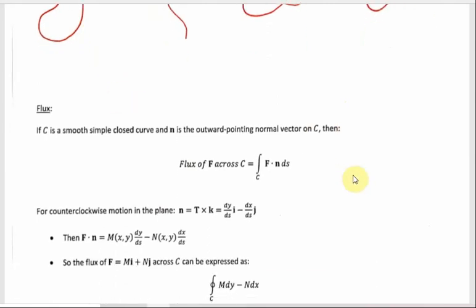That idea makes sense when you have a simple closed curve. Then notice the flux is a little bit different this time. It's not f dot t, now it's f dot n. So flux is different from the way that you would get work or flow by integrating. You've got the dot product with n instead of with t.